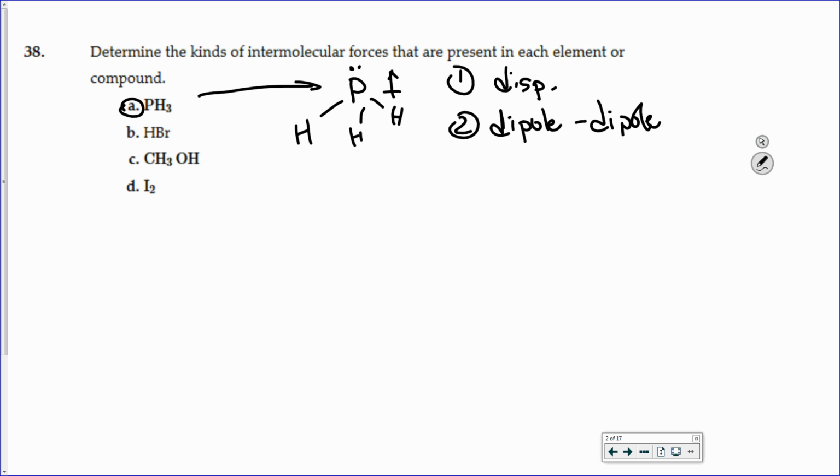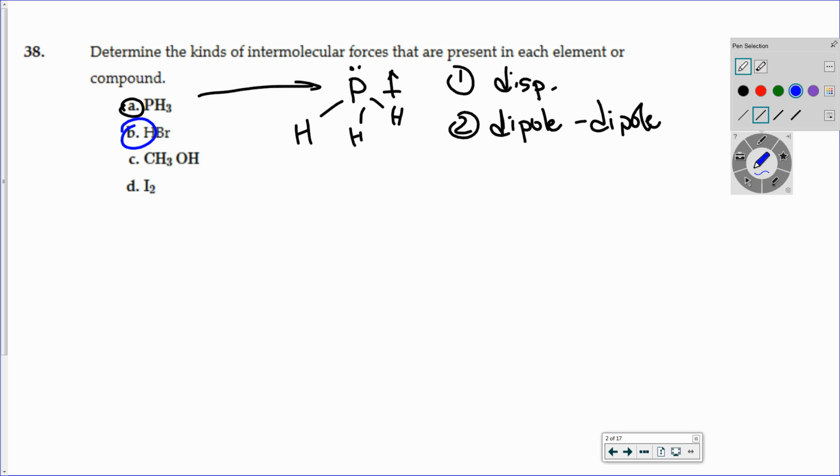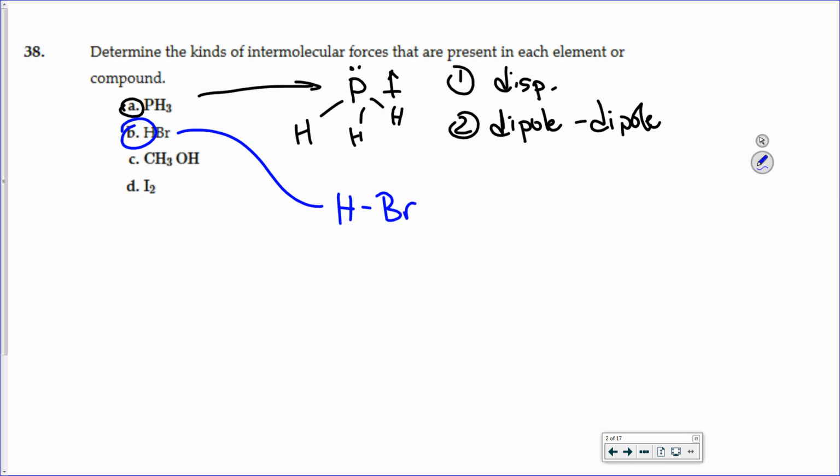Okay. All right. What about HBr? So you've got a diatomic, 2 atoms attached to each other. It's not 2 of the same atoms. If I look at the difference in electronegativities, I don't know what bromine's is off the top of my head, but I know it's greater than hydrogen's 2.1. You could look it up.